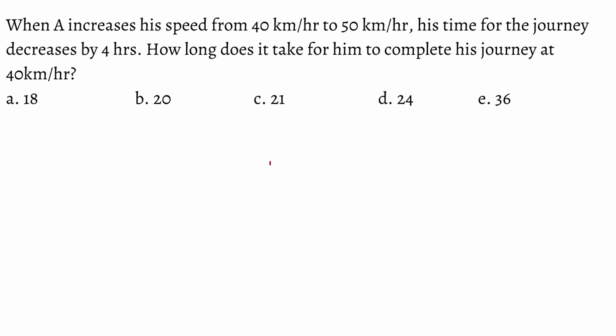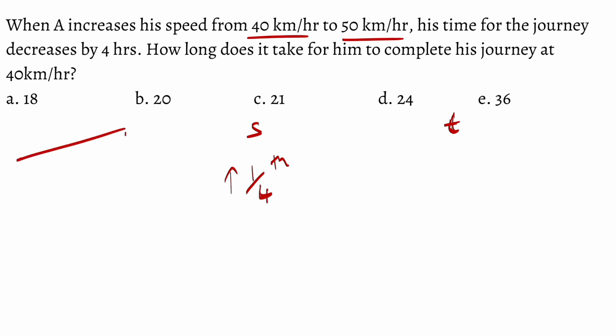Of course, you can solve this by using the traditional method, but here we will apply product constancy. So speed increased from 40 to 50 kilometers per hour. That means speed increased by 1/4. This is speed. So how much must time be reduced?